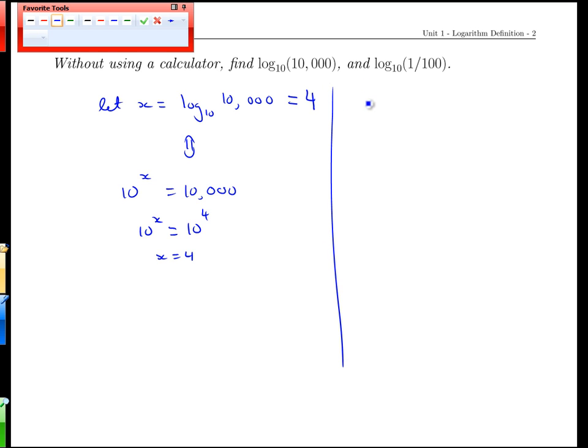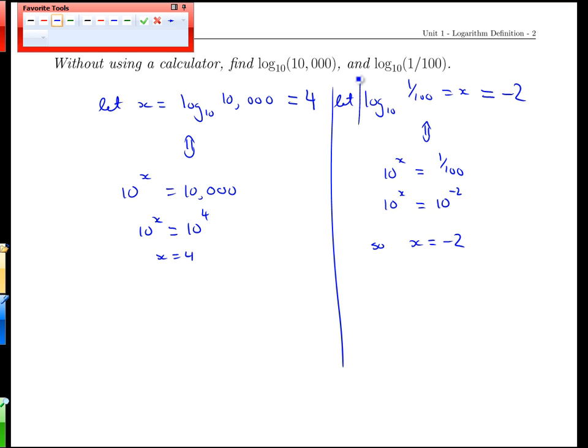Similarly, if we look at log base 10 of 1 over 100, if we let that equal x, then that's the same thing under our equivalence with exponentials as saying 10 to the x is equal to 1 over 100. But 1 over 100 can be rewritten as simply 10 to the negative 2, and so x must be equal to -2.